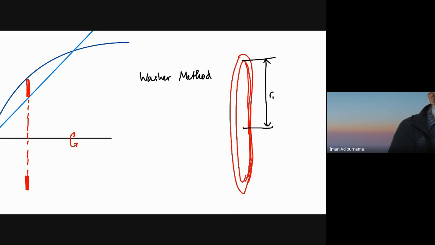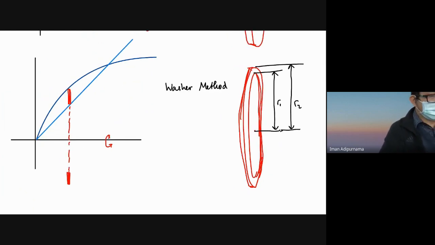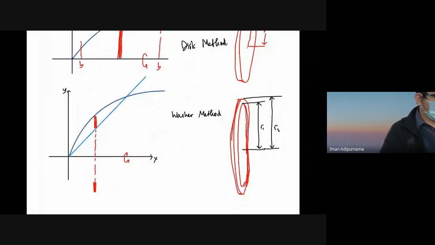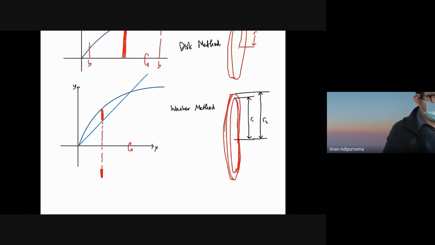Let's say this is R1, this is R2. We need to compute the difference on the area, the circle with the radius R2 and the circle with the radius R1. So we have three sections: area, volume with the disk method, and the washer method. And the next one should be another method to evaluate the volume.